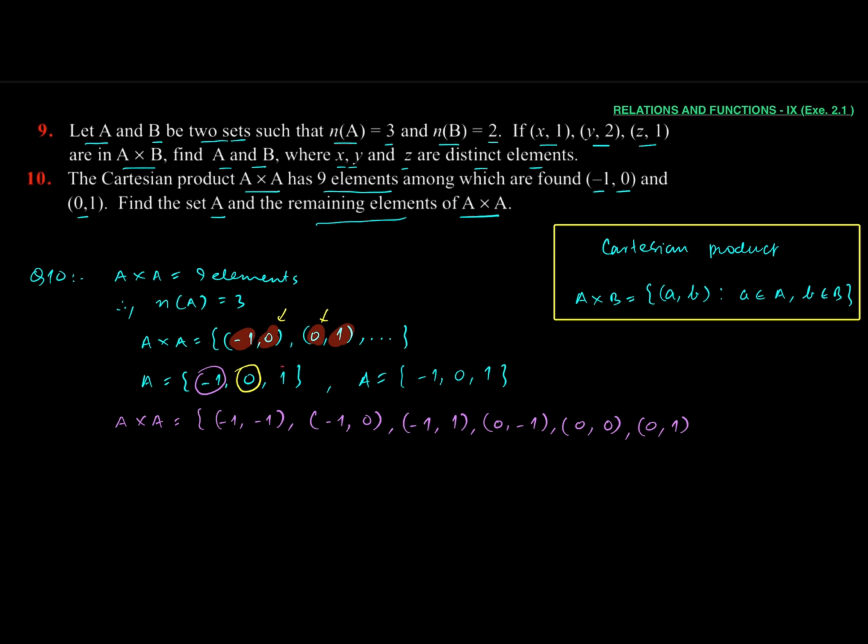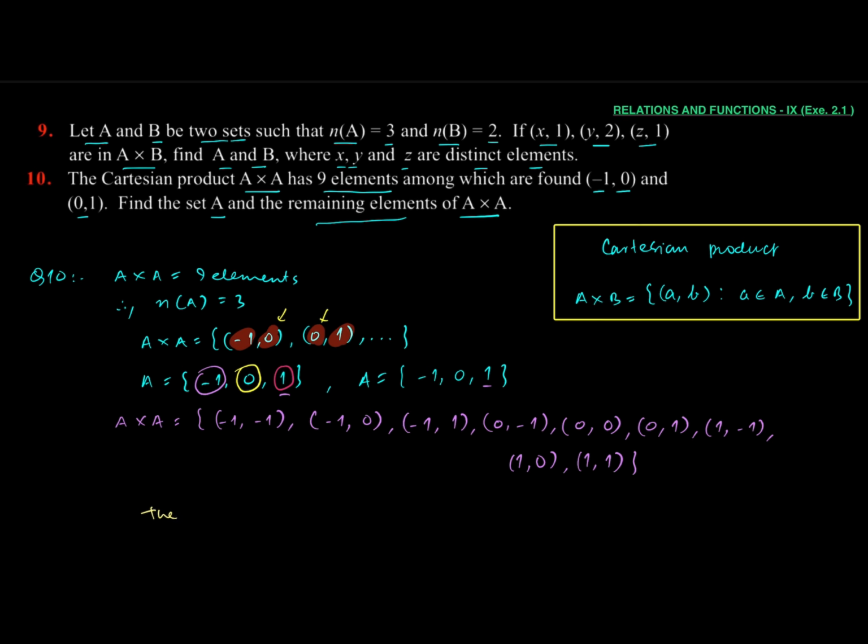Now we'll form ordered pairs of this element with each element of set A. So the next element will be (1, -1), the next one will be (1, 0), and the last ordered pair is (1, 1).